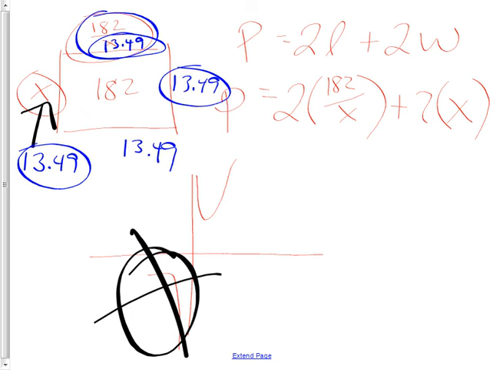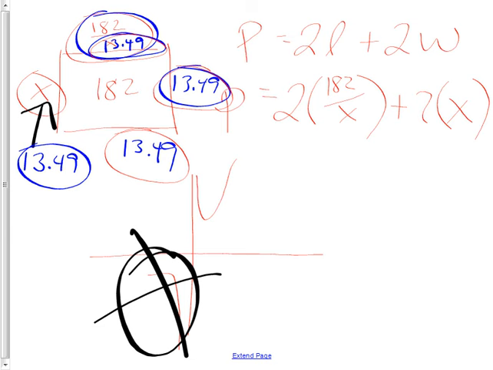And there was another dimension that was also maybe going to work, and that was that 15 or 53. Which one has the least perimeter? This one's perimeter would be the 13.49 plus the 13.49 plus the 13.49 plus the 13.49.